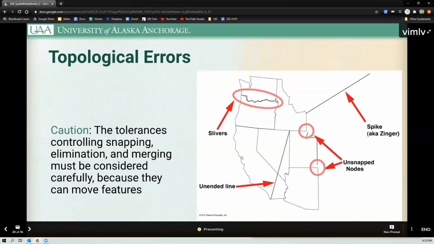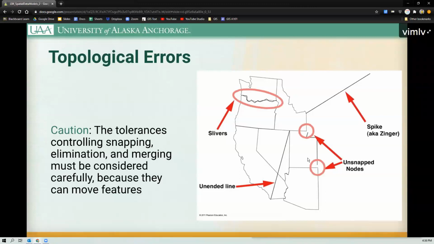It's really easy to end up with errors of overlap on either side. Polygons that don't close, like these unsnapped nodes, will result in you not being able to calculate area because it's not enclosed, so it's trying to do an infinite area calculation.